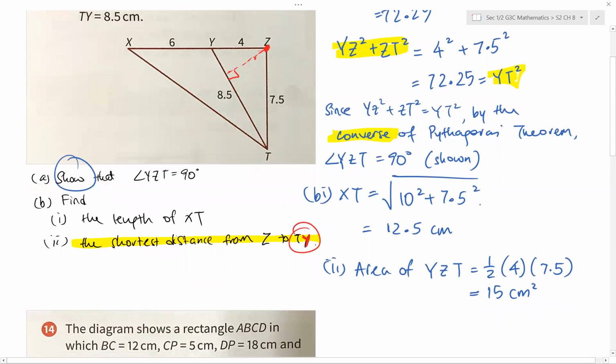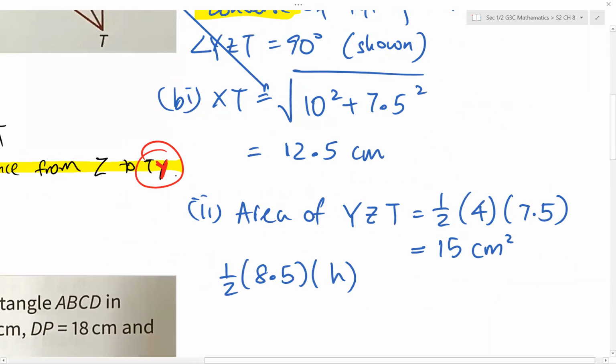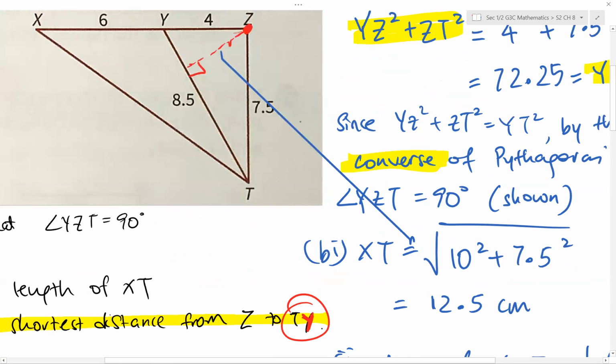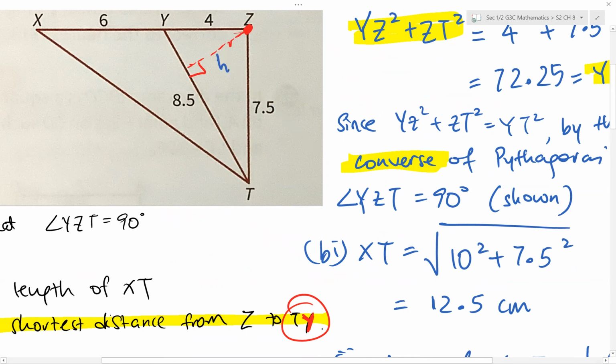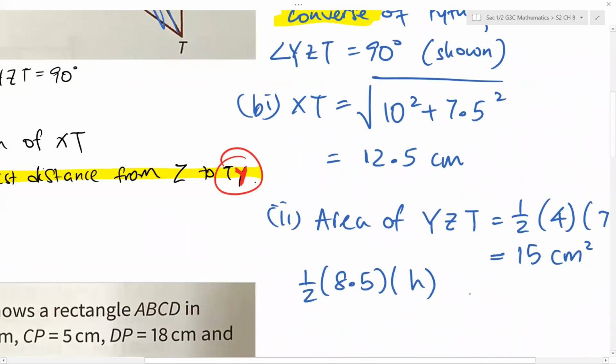So our 15 square centimeters will also be equal to half times 8.5 times the shortest distance h. So in your presentation, somewhere you just put down that this is our h, which is what you want to find. So half times your 8.5 as your base times your new h also must give you 15 square centimeters.